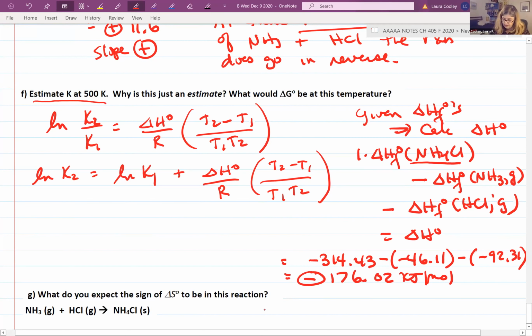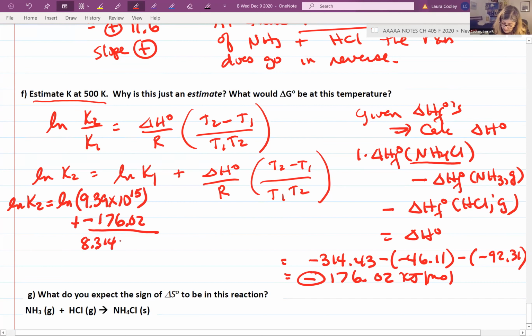So it's very negative. The log of K2 is the log of that huge K that we calculated earlier, plus now we know this is negative 176.02 divided by R times (500 minus 298) over (500 times 298).